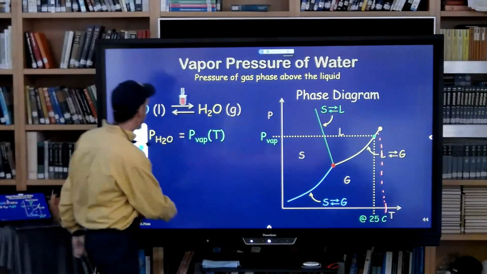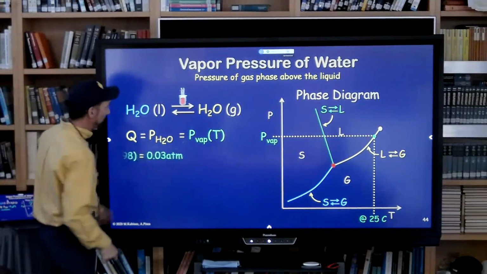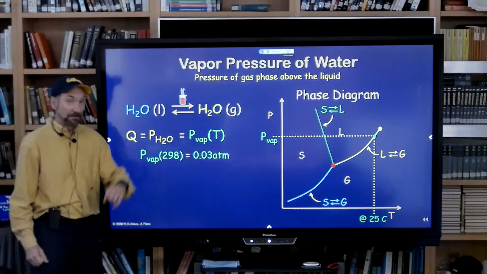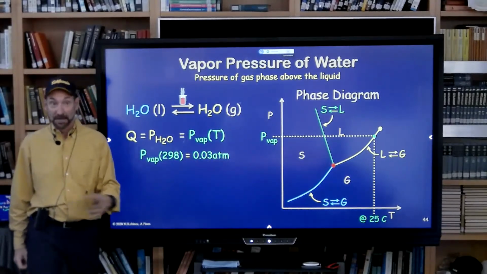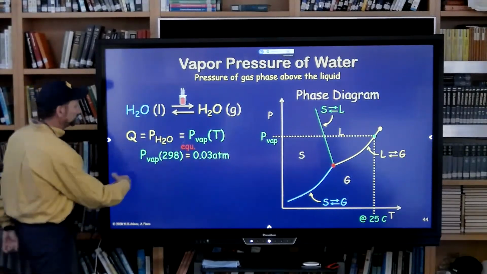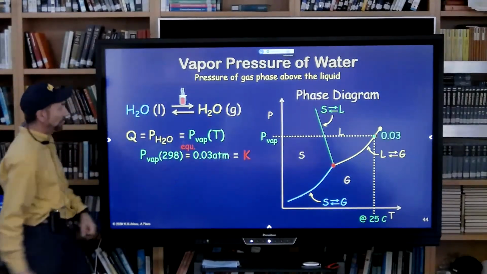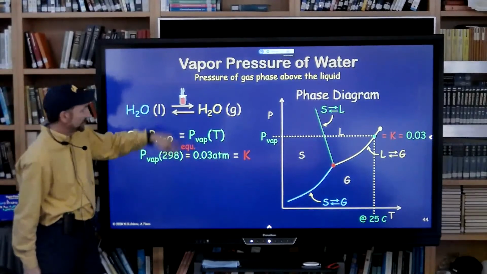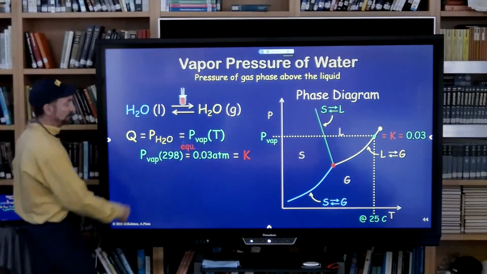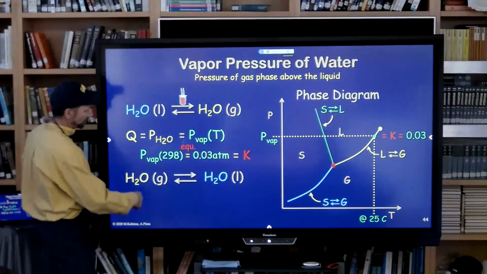It's lower at room temperature. In fact, the value is 3/100ths of an atmosphere, so not very much. But it is in equilibrium. So K for this reaction at 25 degrees C is 0.03 atmospheres. That's the unit of pressure.